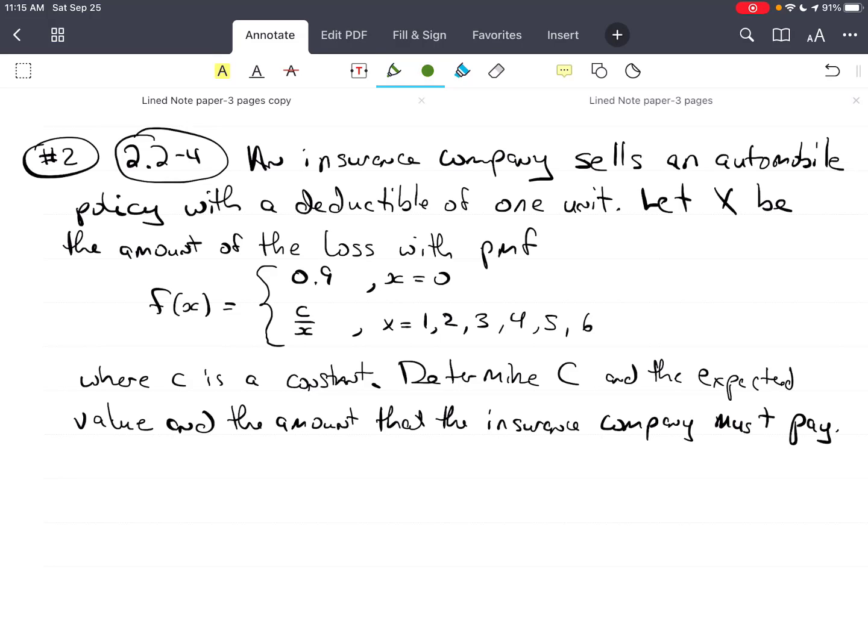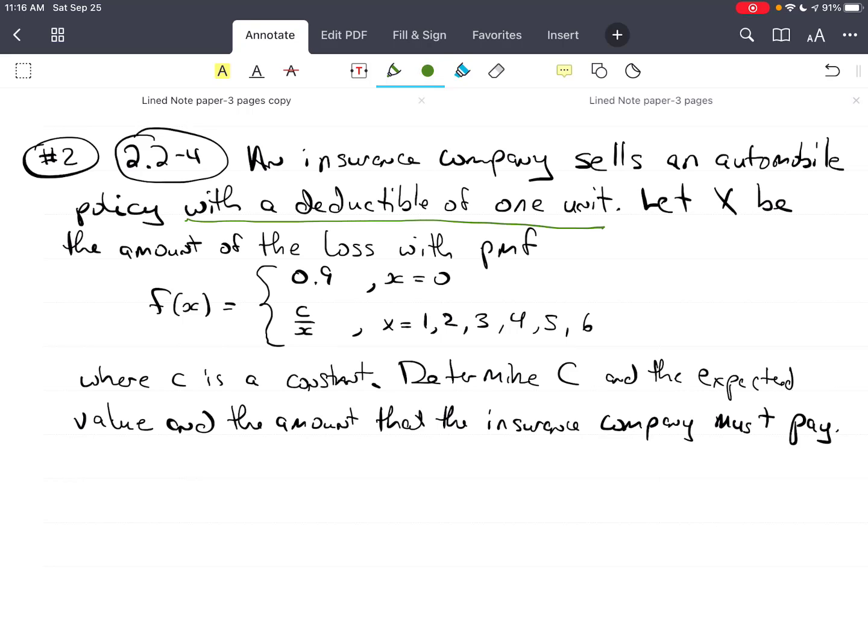In this problem, which is 2.2-4, we have an insurance company that sells an automobile policy, and this is a very important fact, that it has a deductible of 1 unit. If you know how insurance works, you pay for a policy, and usually there's some level of deductible, which means that if a loss occurs, you have to pay for that deductible first before the insurance company will pay for their portion above that.